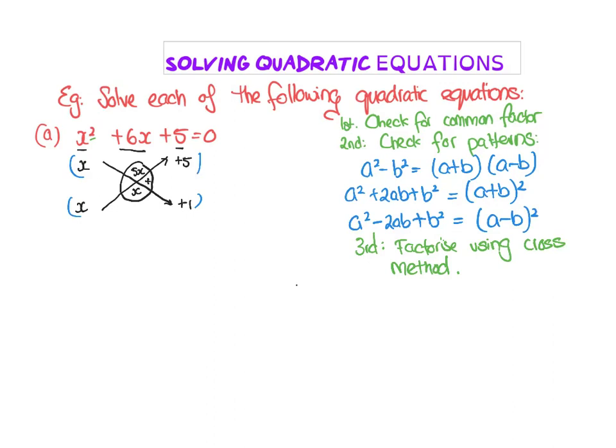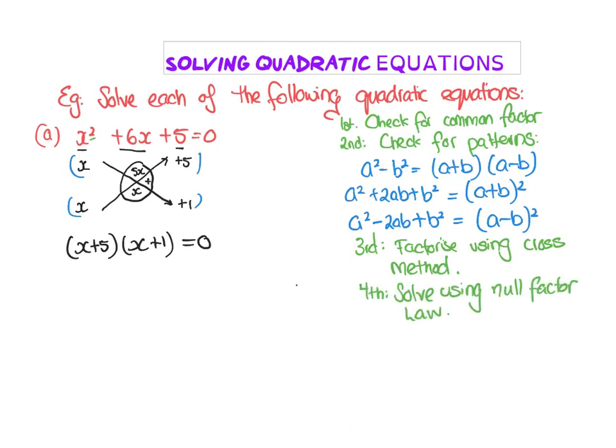So if we go to factorize this expression, we can say that it's actually x plus 5, x plus 1, and we now have said it equals 0. Once you've got it factorized, you can now use the null factor law and solve the equation. The null factor law says that you can let each of those brackets equal 0.